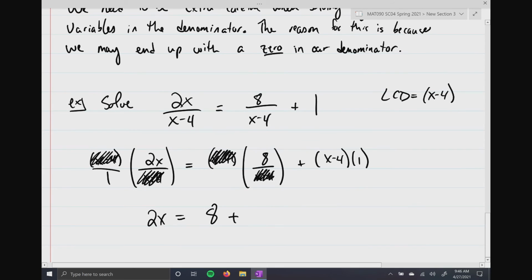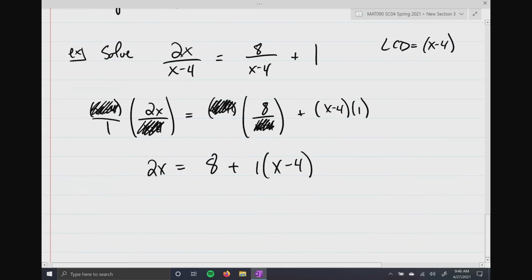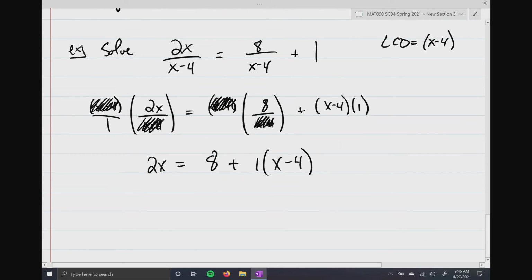And then lastly, I have 1 times x minus 4. So from here, I go ahead and distribute the 1. Nothing really changes. Now I will group like terms on the left. There are none. I group like terms on the right. The 8 minus 4, I can do that. So 8 minus 4 is 4 plus x.